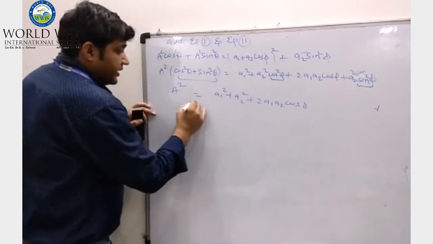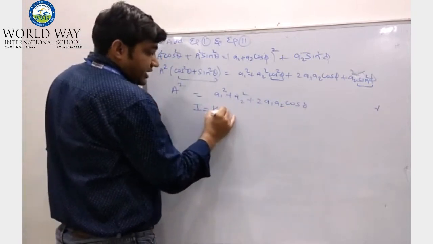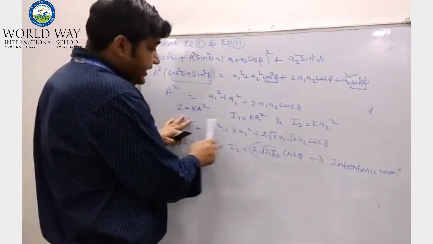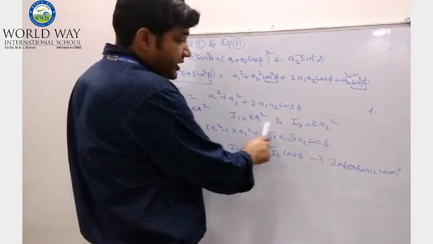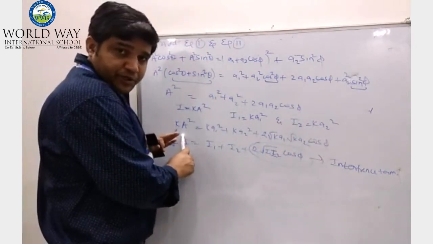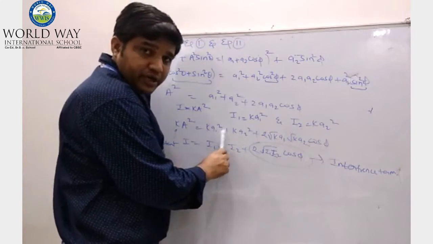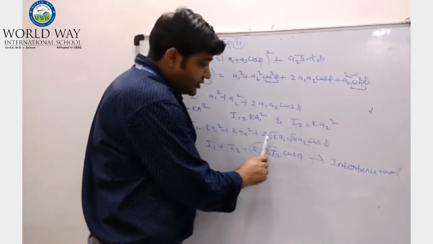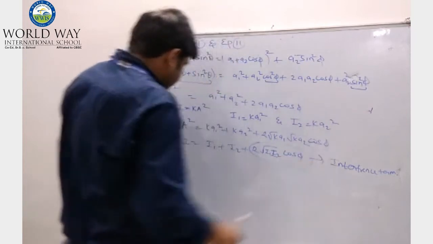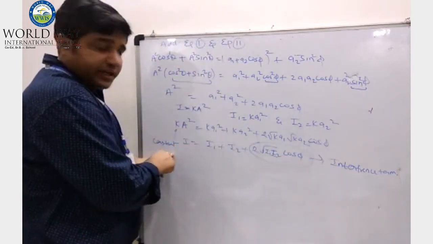We know I equals K A square, that is intensity. I1 equals K a1 square and I2 equals K a2 square. Then K A square equals K a1 square plus K a2 square plus 2 root K a1 root K a2 cos phi, where K is a proportionality constant.